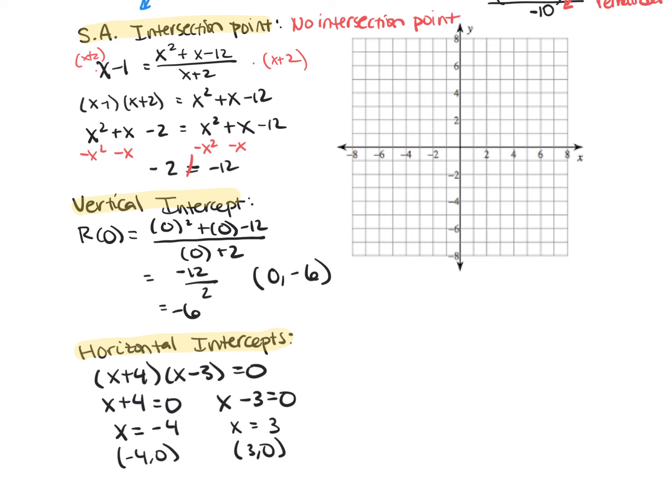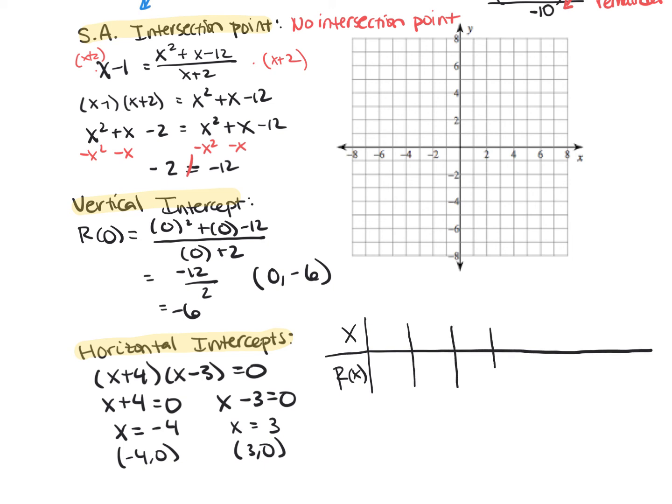So when we make our table, that's a little crooked. There we go, that's better. All right, when we make our table, we're gonna make sure that there's at least 3 points on either side of our vertical asymptote.